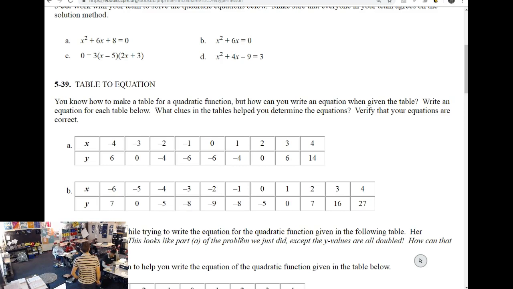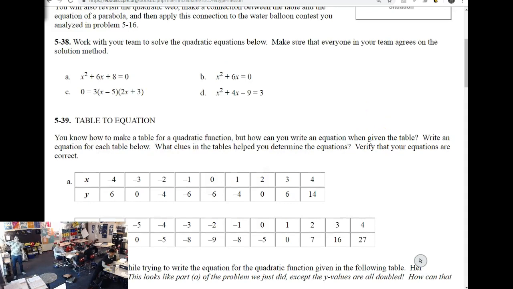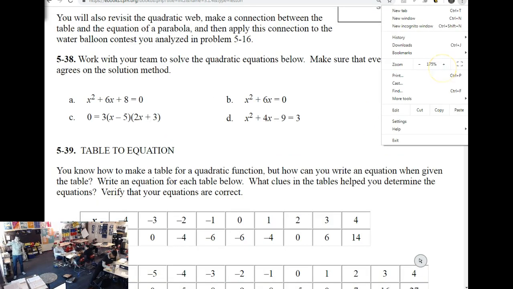I would think that 38 should take 3 or 4 minutes. 39 is probably going to take a little bit longer, but I'd like to just let you roll on this for a good 10 minutes and see how far we can get. In 38, factor and solve them, because one is already pretty much factored. In 39, you are trying to derive the equation.